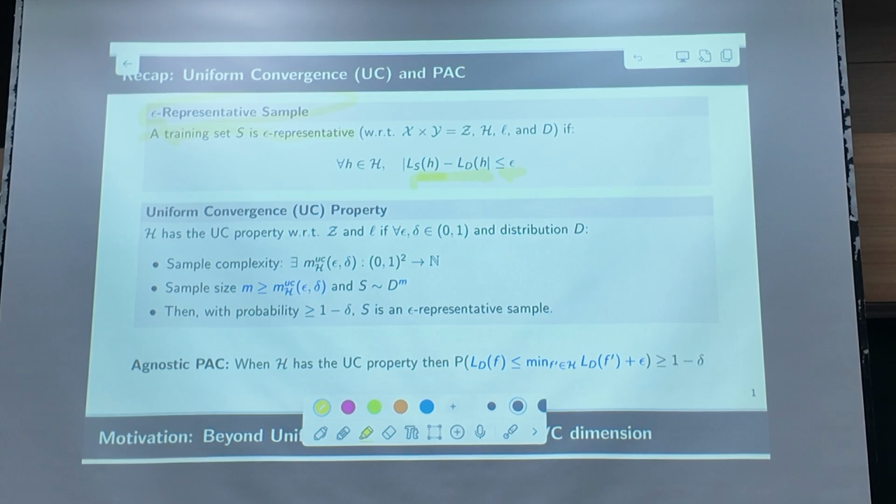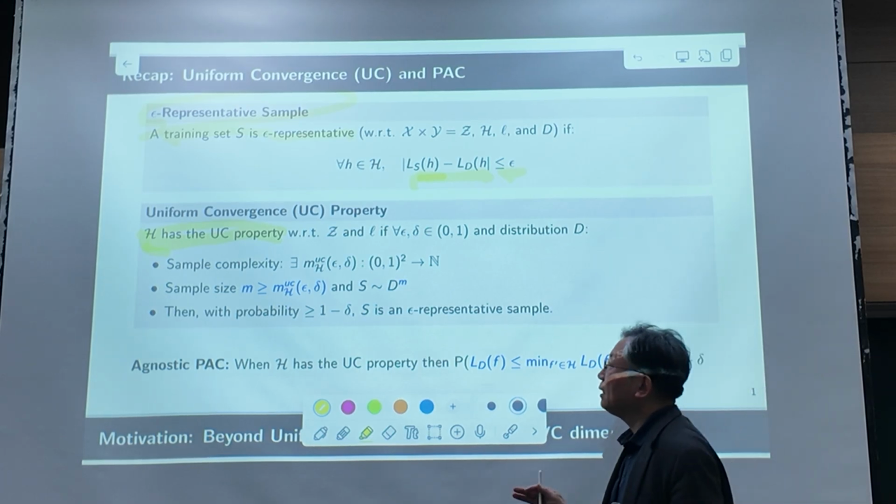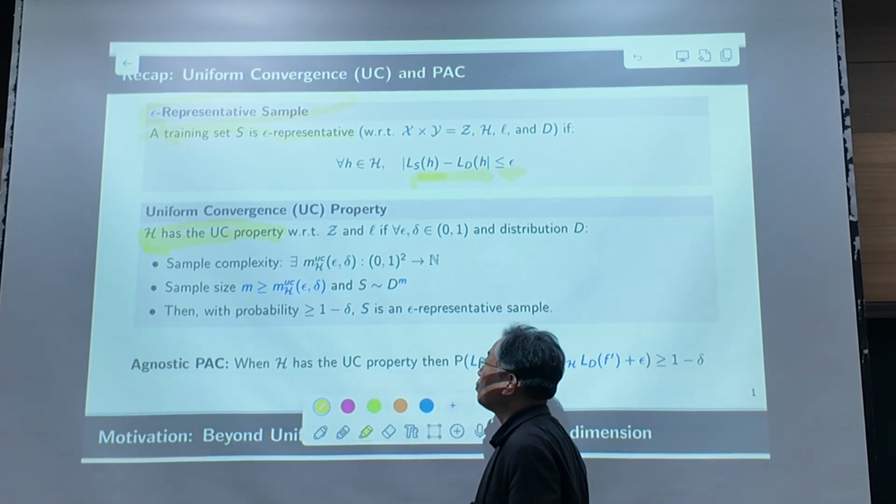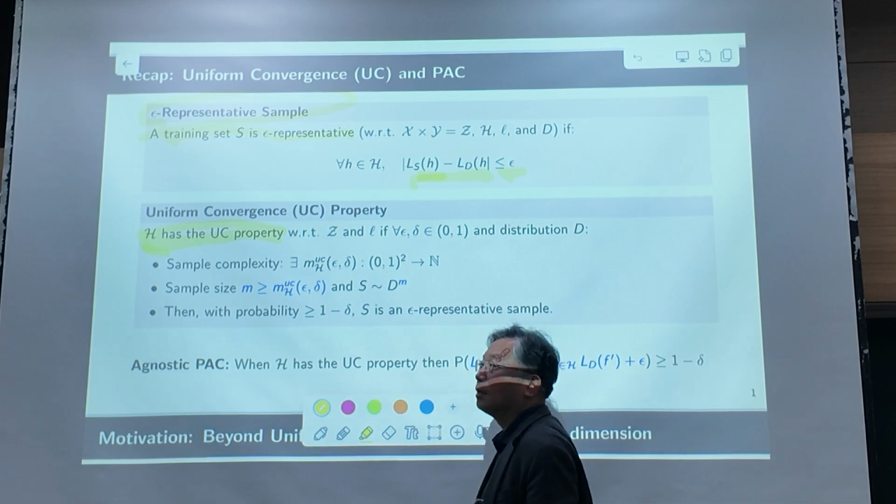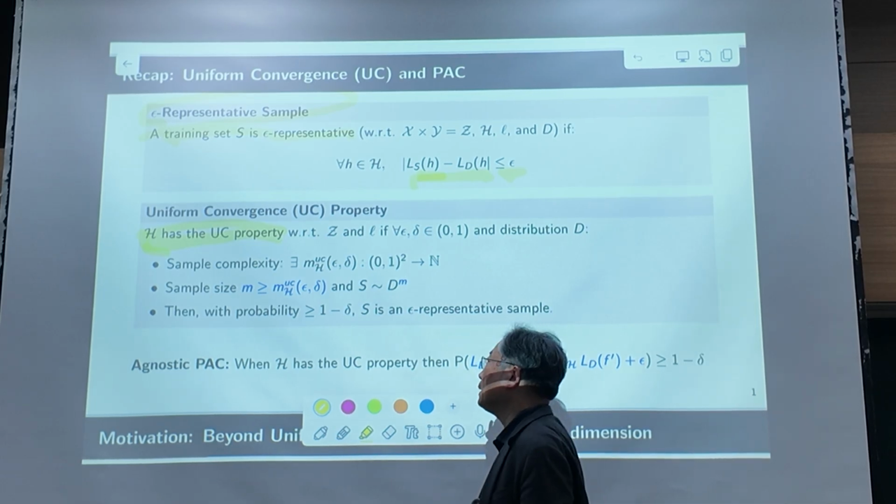Now, this happens if the hypothesis class has the uniform convergence property. And what is the uniform convergence property?